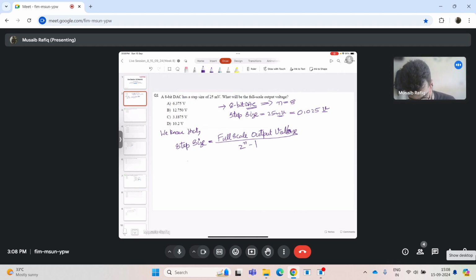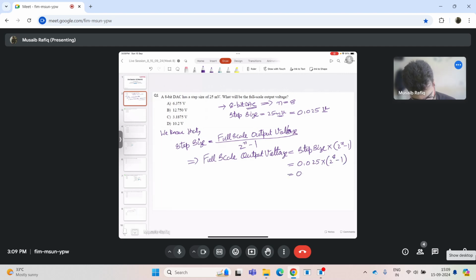So now we have full scale output voltage equal to step size times 2 raised to power n minus 1. My step size is 0.025 multiplied by 2 raised to power 8 minus 1.